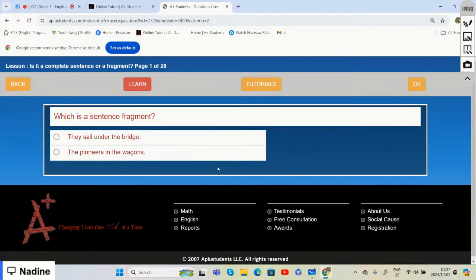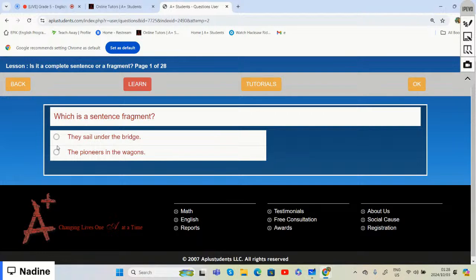All right. Now we need to say which is a sentence fragment. Remember, a sentence fragment is either missing a subject or it is missing a verb. It is not a completed sentence. So, which is a sentence fragment? Is it option one, they sail under the bridge?